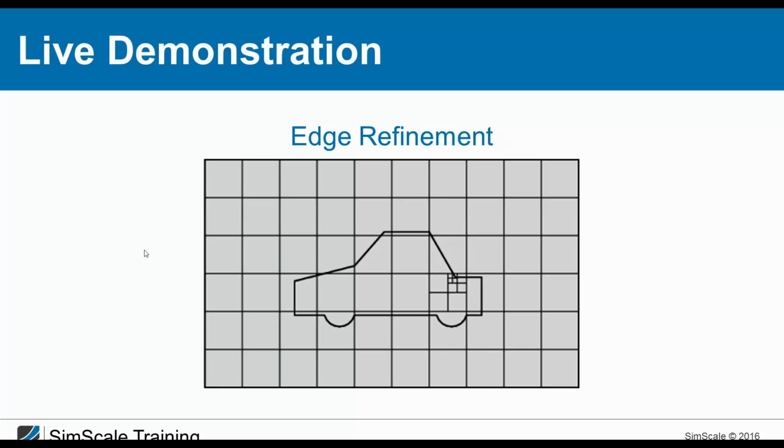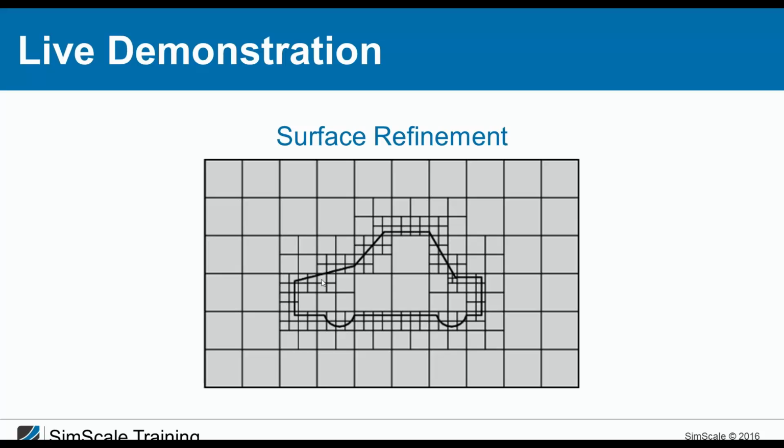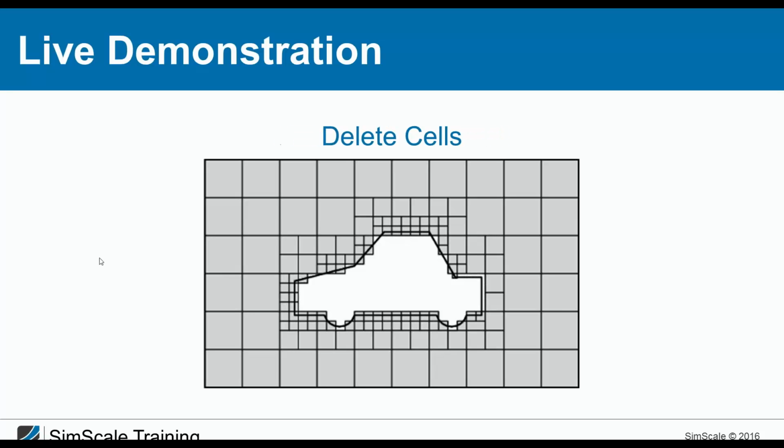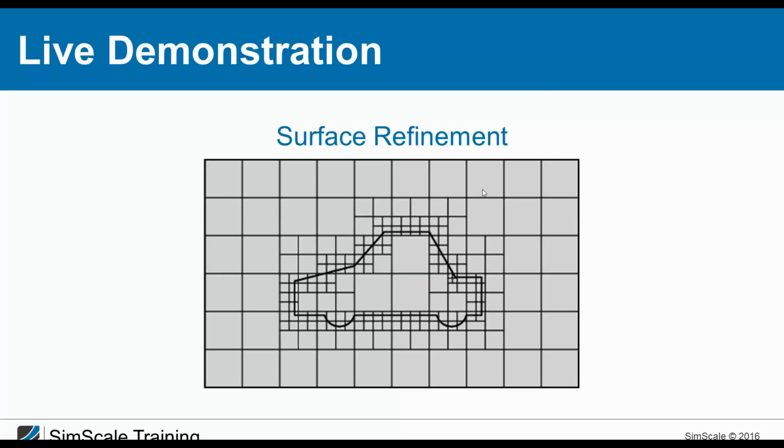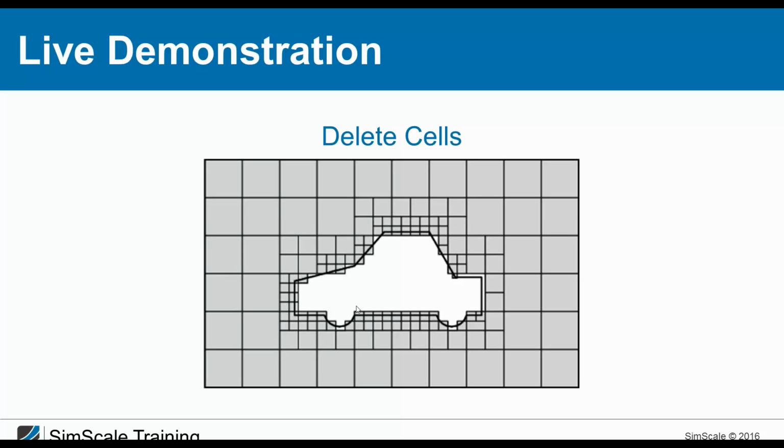You can refine near edges, you can refine near surfaces like here. Once edges and surfaces are refined, you have to define a material point, and then the inner part of the mesh, which is not useful, will be deleted because the flow can only go through the meshed area. If we would not remove it, the flow could go inside the car.